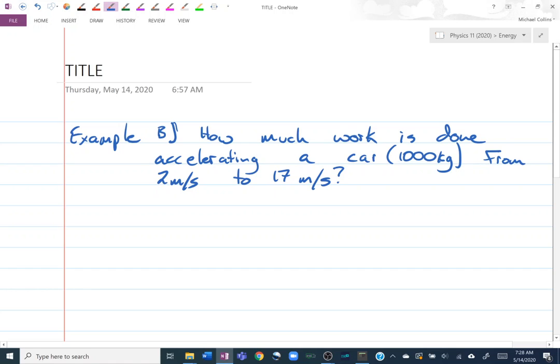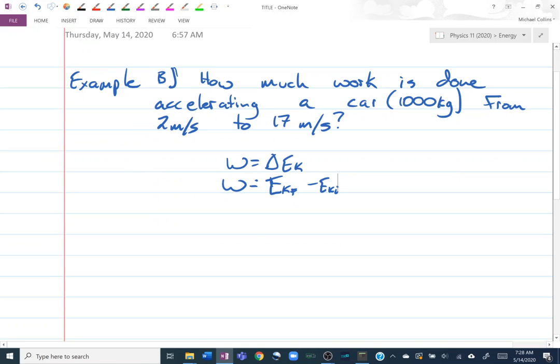So we're changing something's velocity. I want to think about change in kinetic energy. I've changed how fast it's moving. Work is equal to delta EK. Work is equal to EK final minus EK initial.